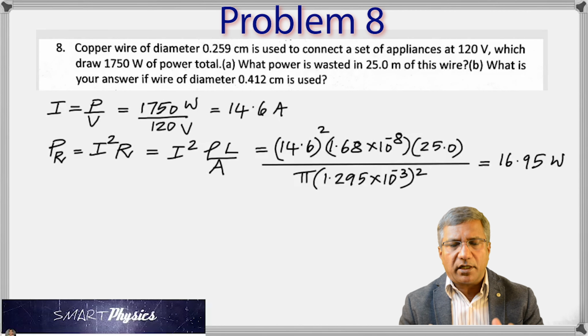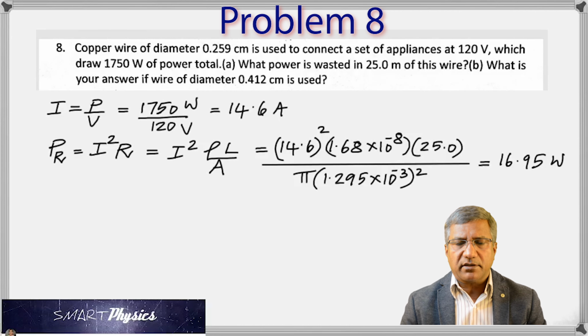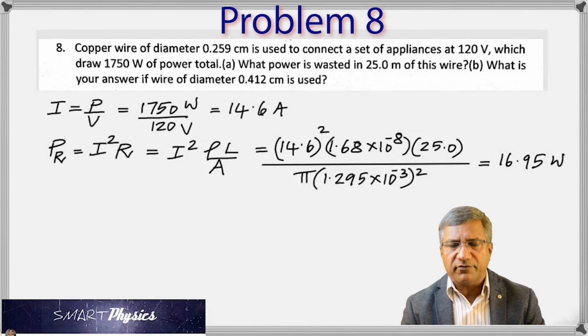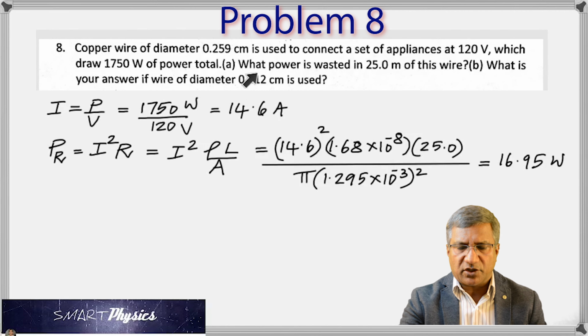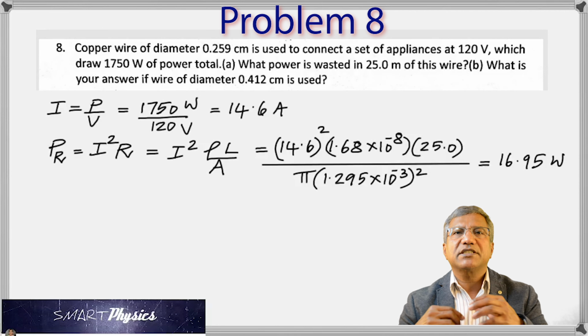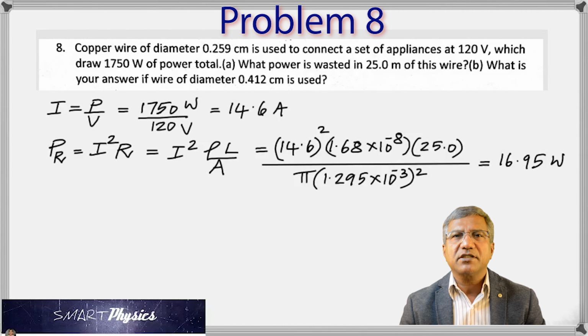So in the B part, what is your answer if the wire of diameter 0.412 centimeters is used? So you see that it's a thicker cable now. When it's a thicker cable, the resistance decreases. When the resistance decreases, the power wasted also decreases. So let's find that.